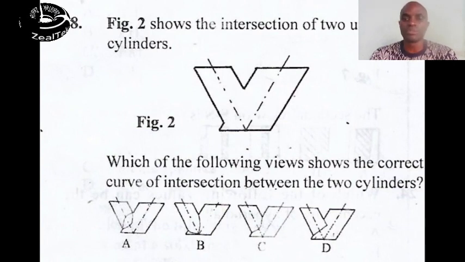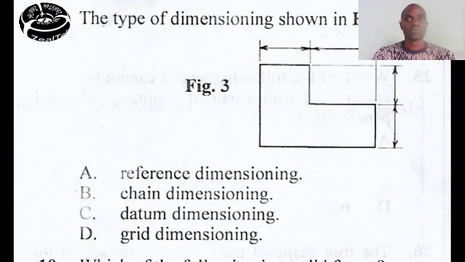So which of the following views show the correct curve of intersection between the two cylinders? The correct answer in this question is C. Question number 9. The type of dimension shown in figure 3 is A. Reference dimension, B. Chain dimension, C. The answer is B. Chain dimension.